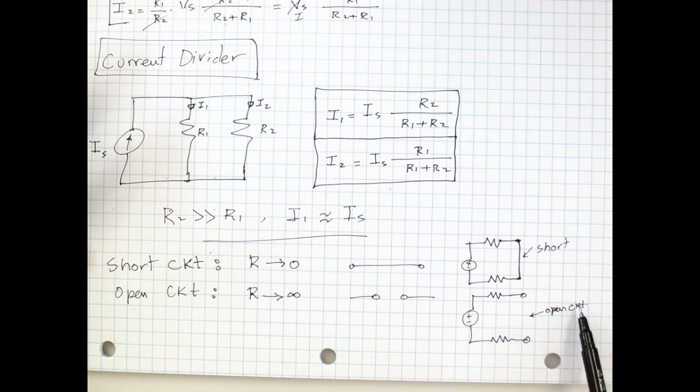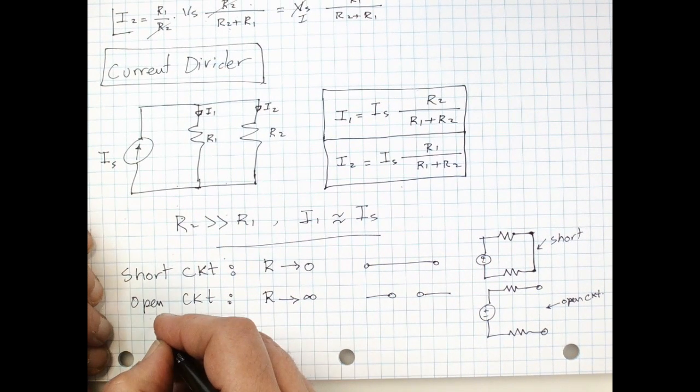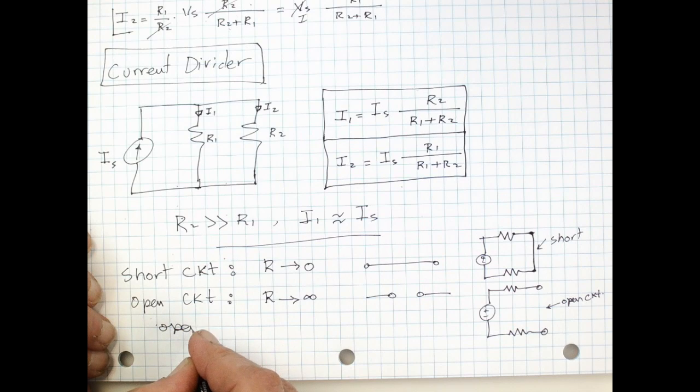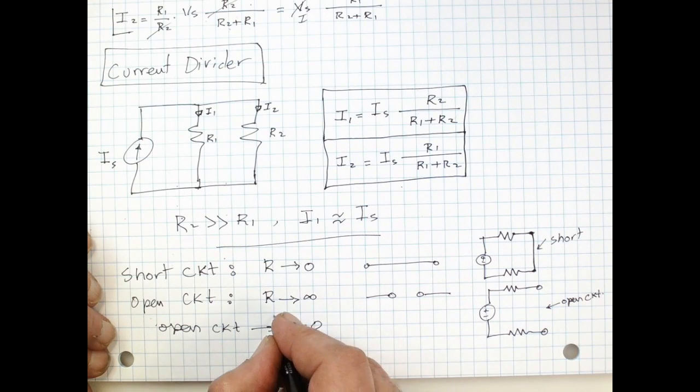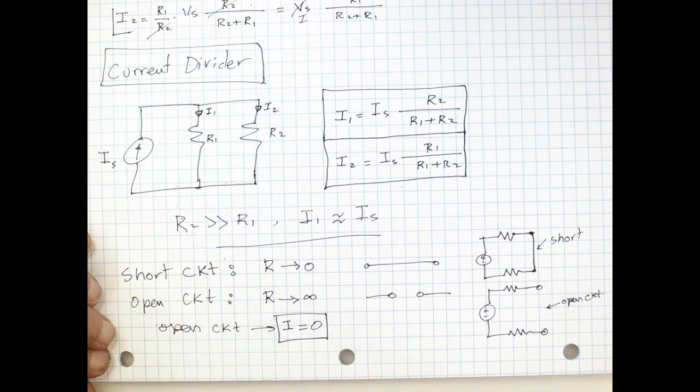So essentially, if you have an open circuit, there's not going to be any current flow in the circuit. So in an open circuit, the implication is that the current in that circuit is zero. There's no current flow.